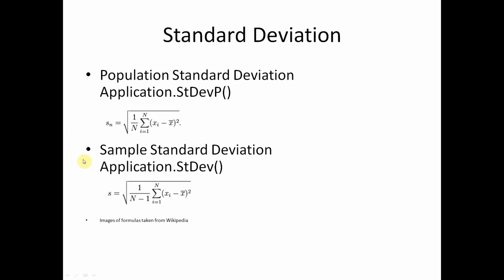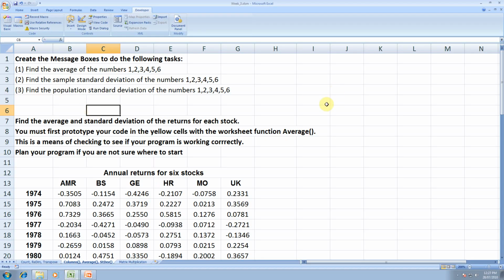And the other type is sample standard deviation, represented by application.stdev. This is the formula for it here, and we're assuming that your sample is not the whole population. Therefore, we have this n-1 as opposed to n. But as n becomes larger, the difference between these 2 formulas becomes small.